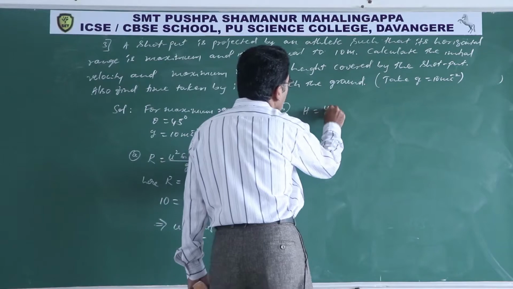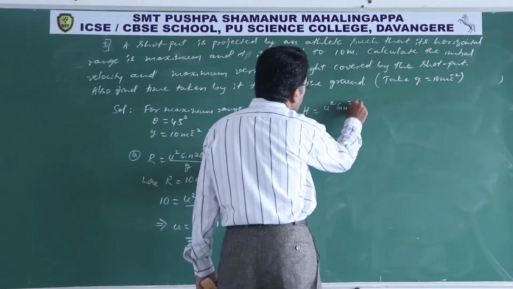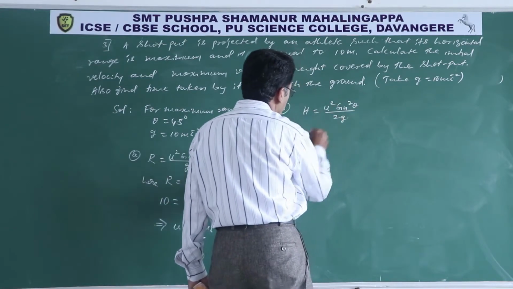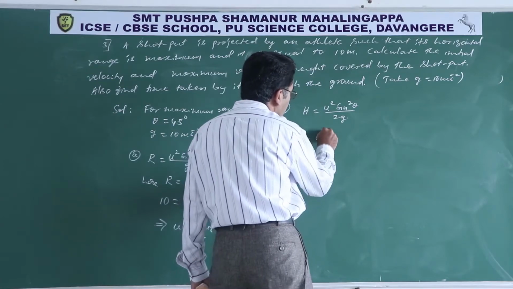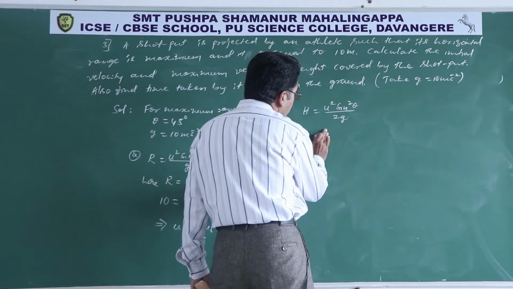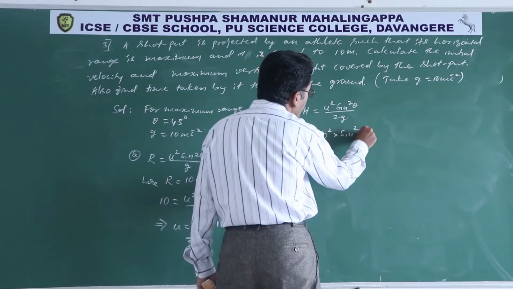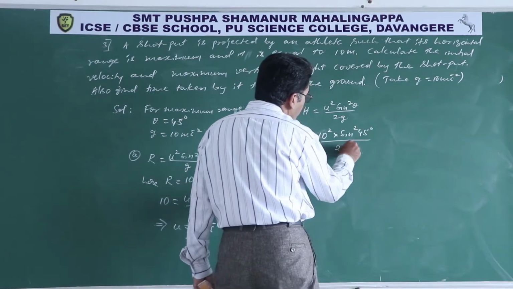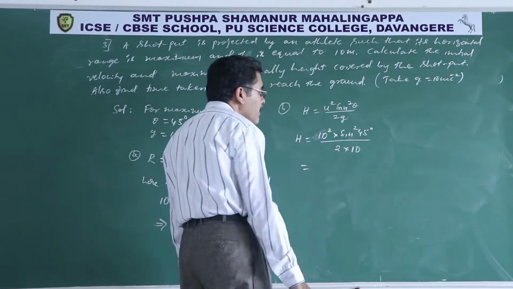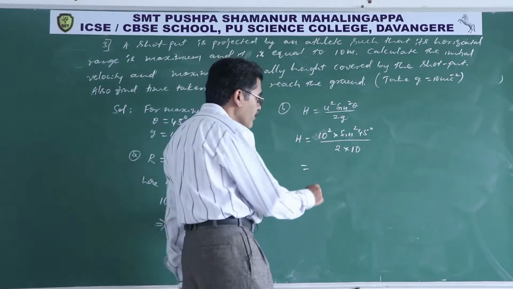Now calculate maximum height. H is equal to u square sine square theta divided by 2g. H is equal to 10 square, sine square 45 divided by 2 into 10. 10 got cancelled and you are left with 5.